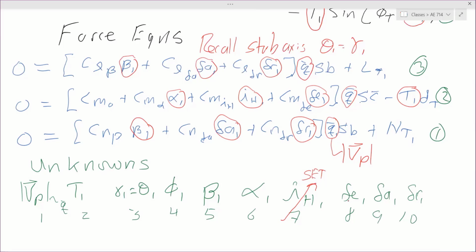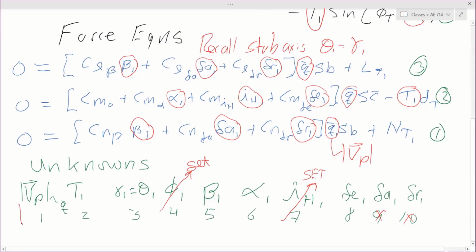So that knocks out one. And then typically we're going to say, well, let's set the bank angle. We're going to say we're doing a 2-minute turn and the bank angle, I don't know, is 30 degrees or something like that. All right, so now we're down to 8 unknowns and 6 equations.